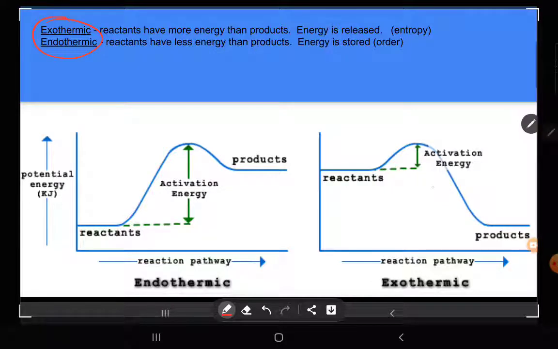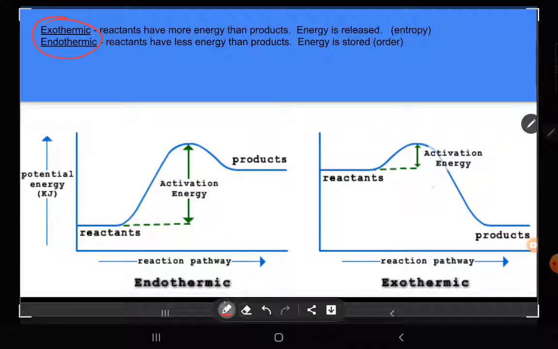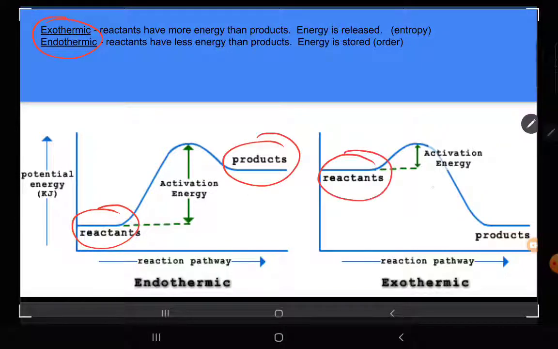Okay, so here's how I'll describe the two different reactions. If you look at a graph here, what you should do is just sort of erase this part with your brain. Erase the hump. And I want you to instead just look at the start and the end, the reactants and the products.